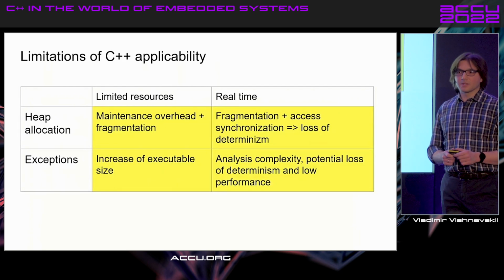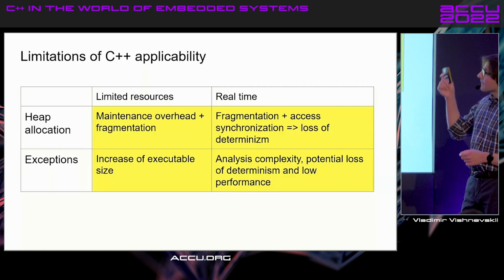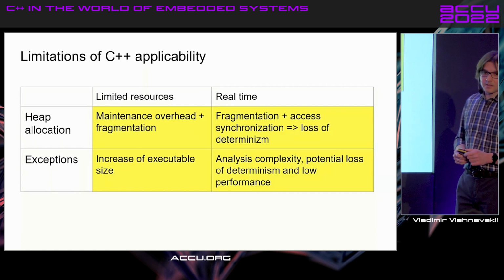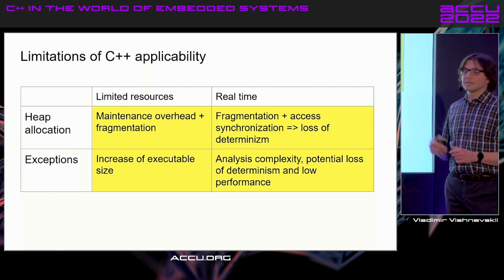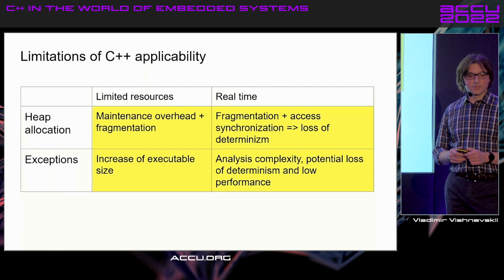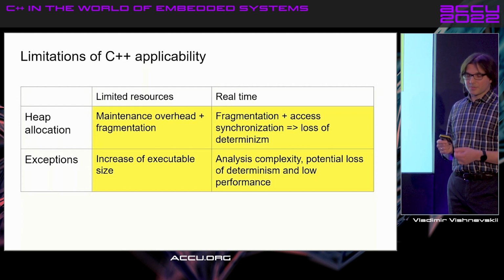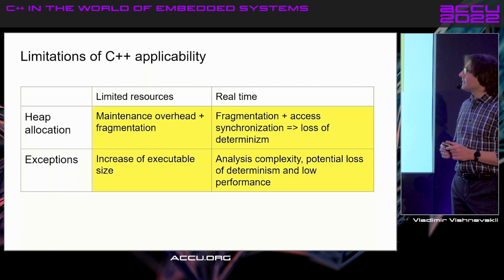About some particular language constructs. The two primary constructs that are considered to introduce risks are heap allocation and exceptions.